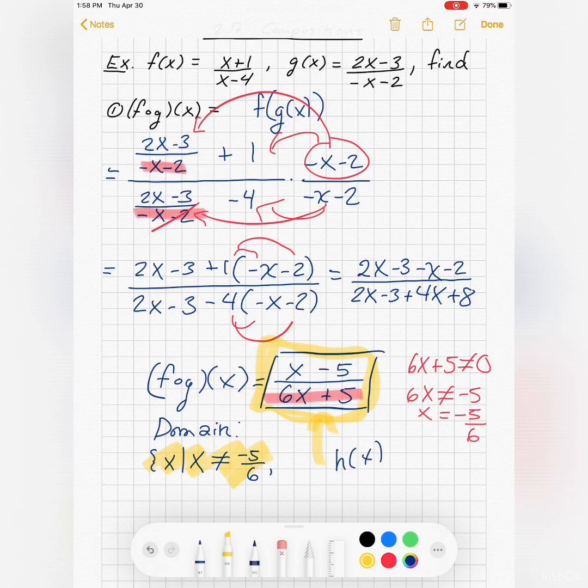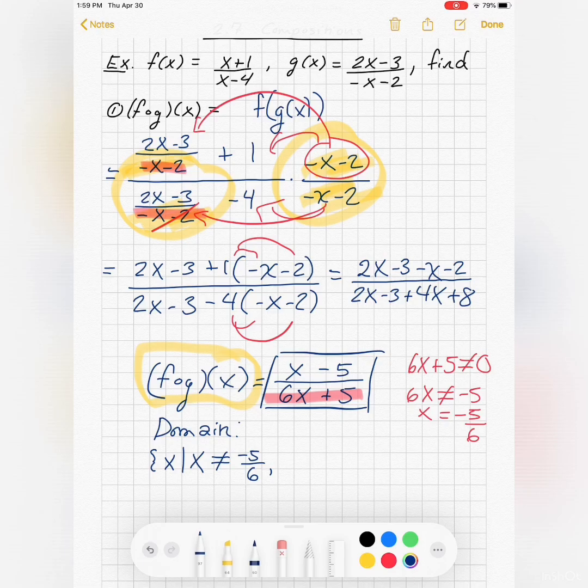But I have to be careful, because how did I get this result? Well, I got this result by computing f of g of x. So if you look back at the intermediate steps here, I would not have been able to get that answer if this step would have been undefined.